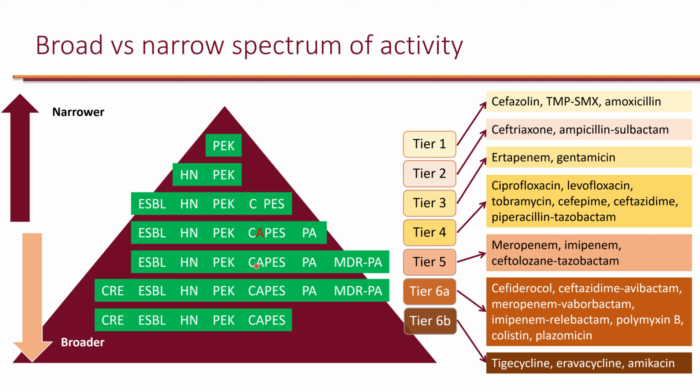And even at tier 5 and 6, even though I have an A here for Acinetobacter, you really need to check for susceptibility, because Acinetobacter may or may not be resistant to these agents, because again, it's really easy for Acinetobacter to develop resistance to multiple classes of antibiotics.